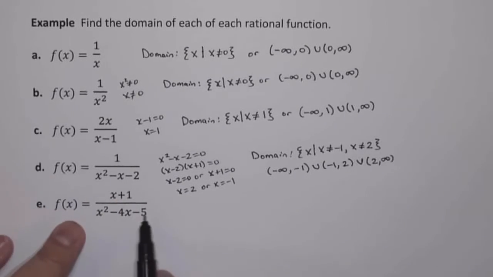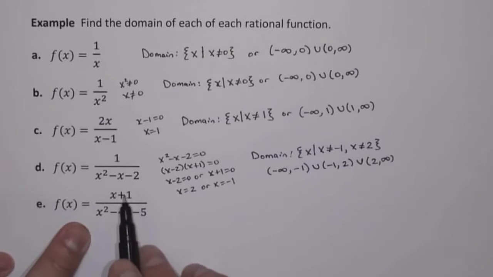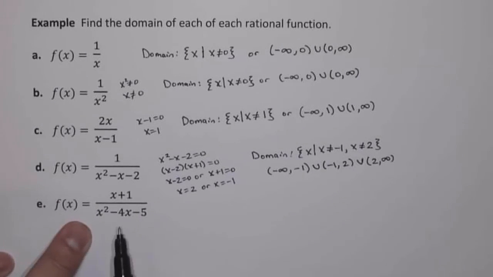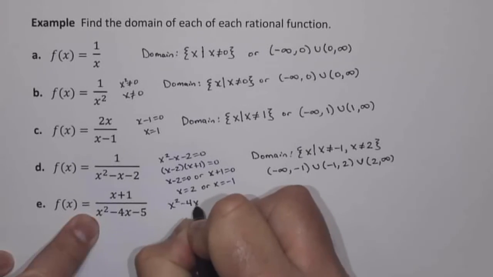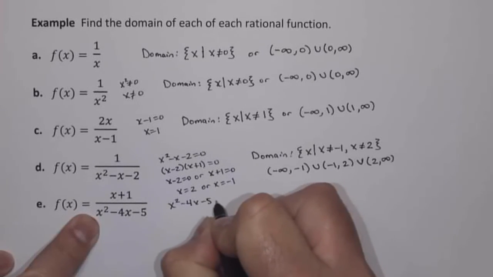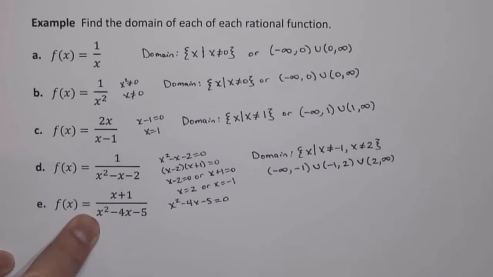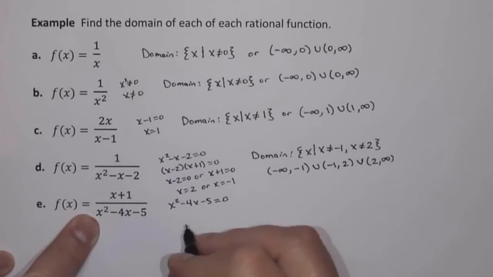And our last problem, we have f of x equals x plus 1 over x squared minus 4x minus 5. So this is similar to part D. We need to see what would cause division by 0. So we're going to take the x squared minus 4x minus 5, set that equal to 0.